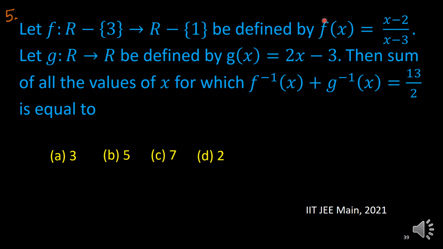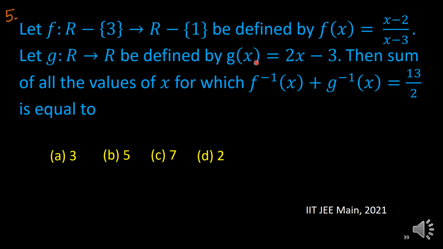This is a function f of x equals (x minus 2) upon (x minus 3), and g is another function, real to real, defined by 2x minus 3. Then we need to find the sum of all the values of x for which f inverse x plus g inverse x equals 13 by 2.